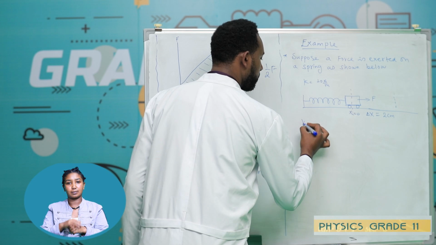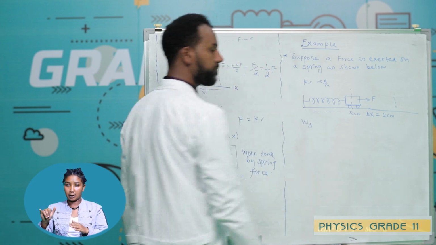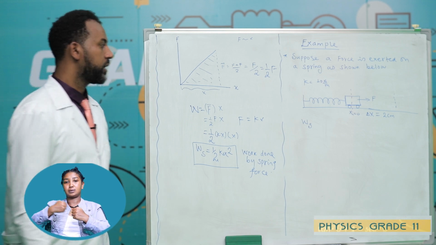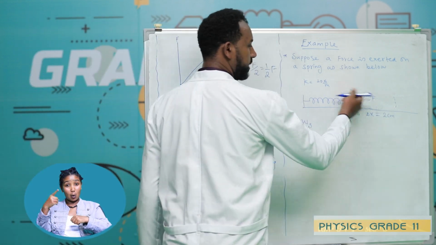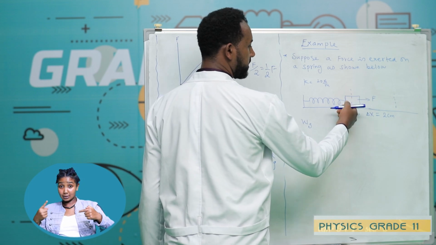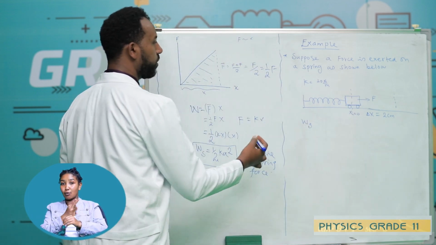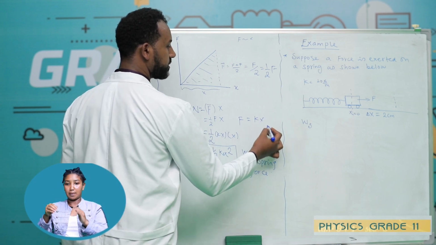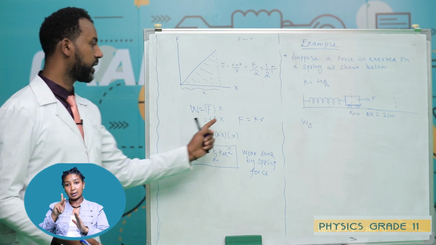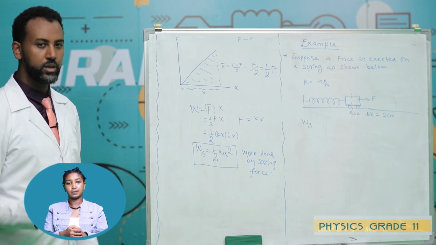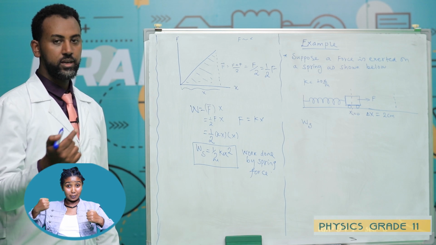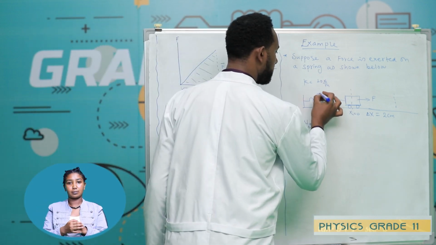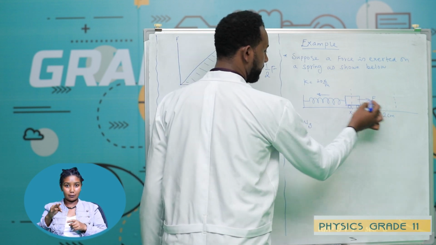Well, the question is, what is the work done by the spring? The spring always exerts force against the applied force. Previously in Hooke's law, we have seen that force F is k times x. This force and x have a direct relation. But the spring exerts a force opposite to the direction of the applied force.